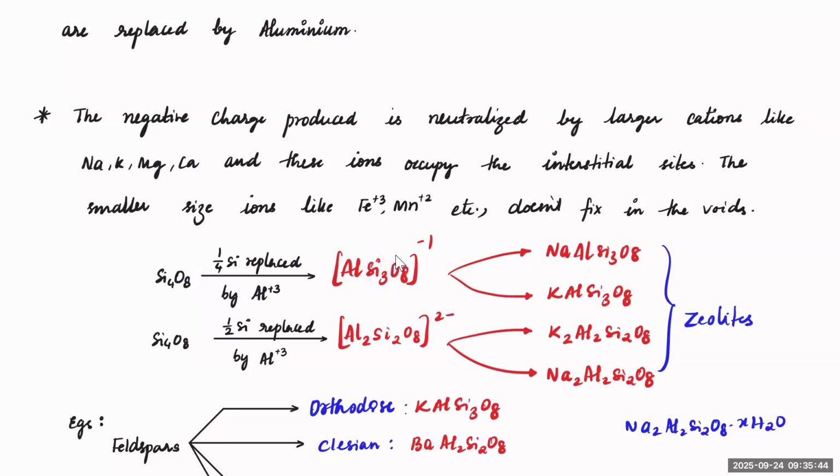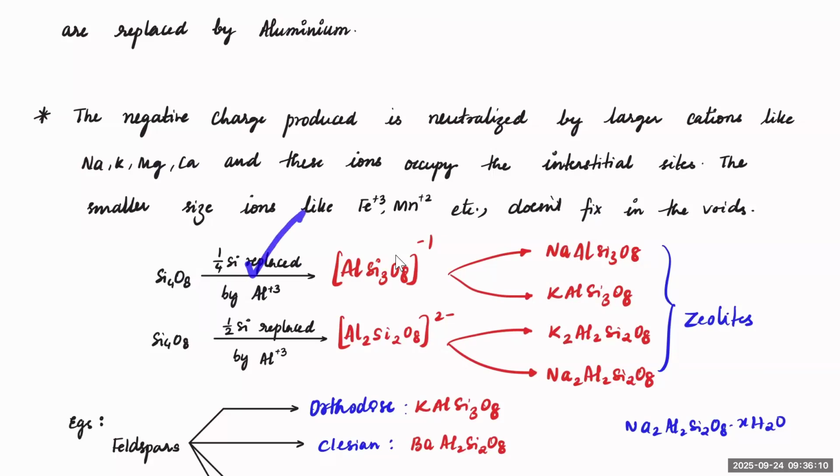Total, we have four of them, out of which one of the silicons has been replaced. So this is the form you will get. And because aluminum has +3 charge, one open valency, a minus, will still be left. And that is neutralized by sodium, potassium, rubidium, and so on.